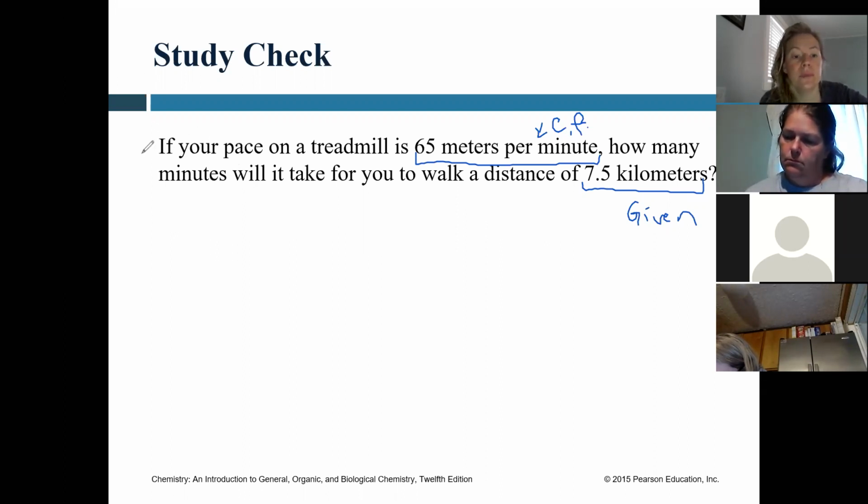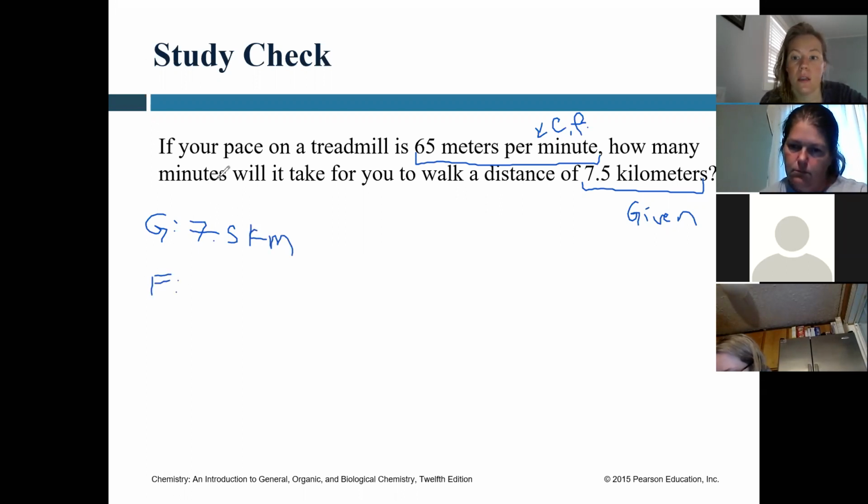Okay. So for this problem, the given piece of information is that we went 7.5 kilometers. We're trying to find minutes. So we need to relate kilometers and minutes. I don't have anything that's directly kilometers to minutes. I do have meters to minutes though, right?